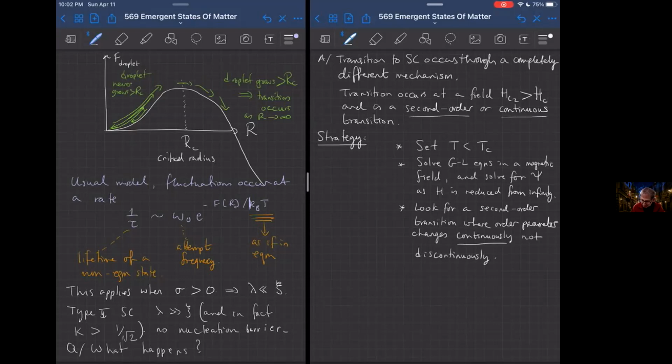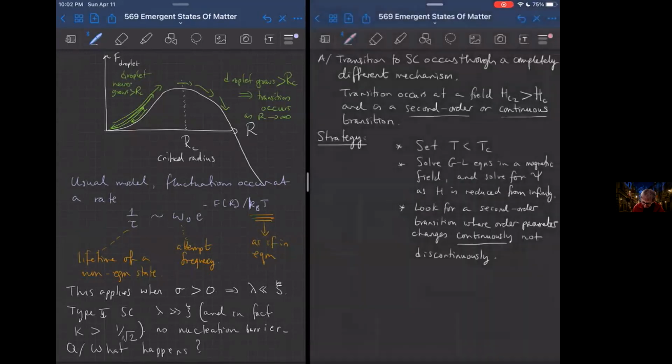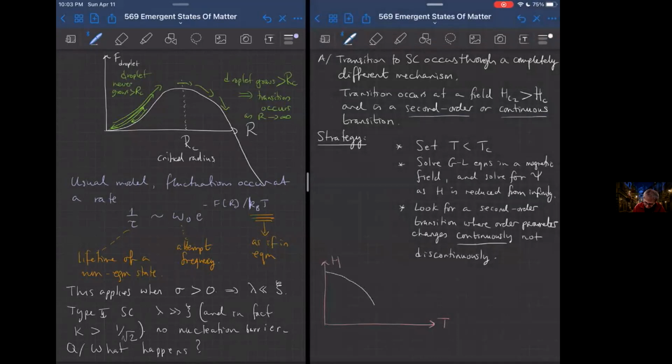So let's draw the cartoon picture of the phase diagram. Here we are in the temperature, external magnetic field plane. Actually, I'm not going to draw the thermodynamic critical field. We're going to draw the HC2 line.